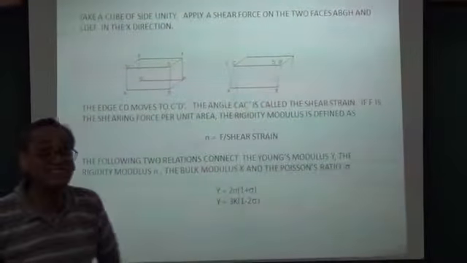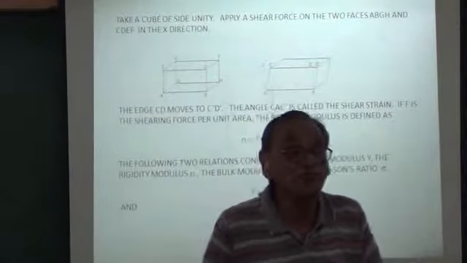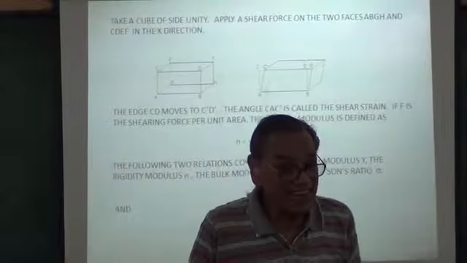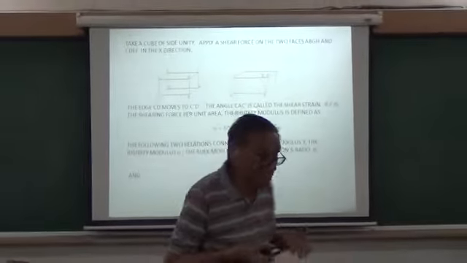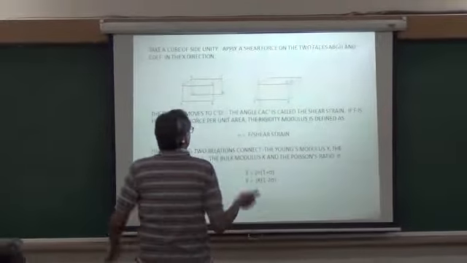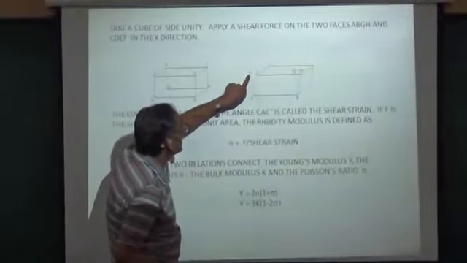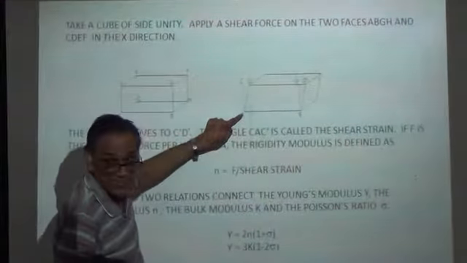The angle CAC dash is a small angle. That angle phi is called the shear strain, provided the shear strain is the distance moved, CC dash, by CA.